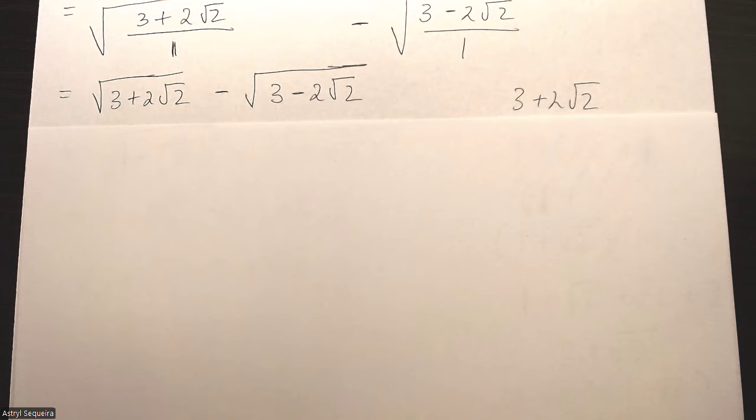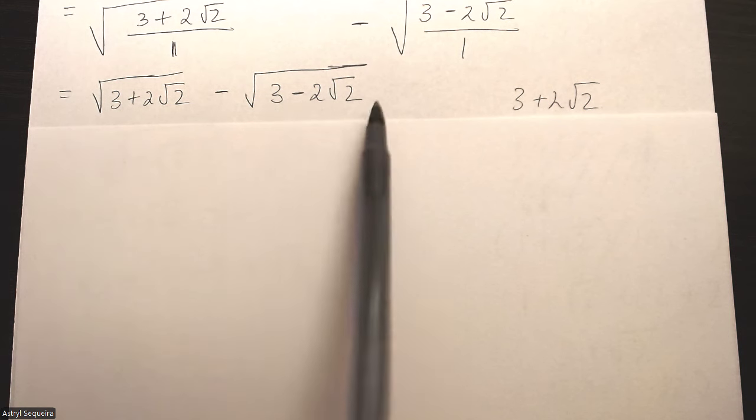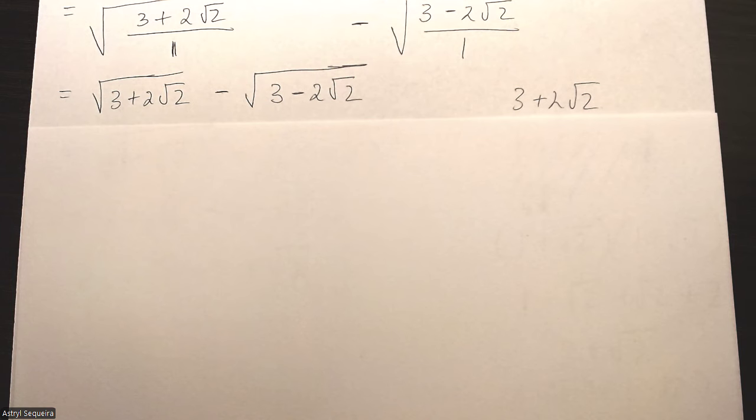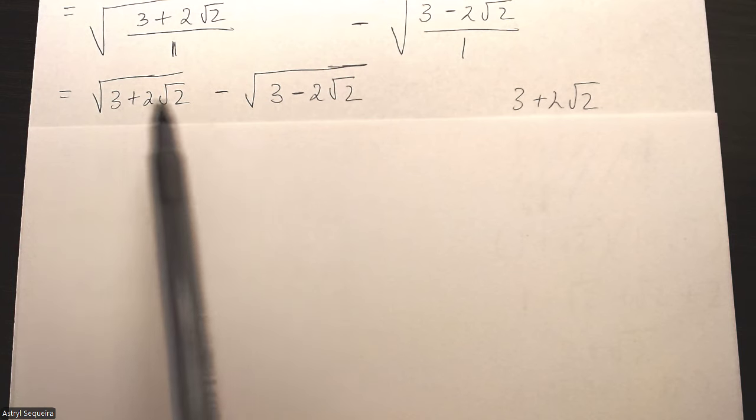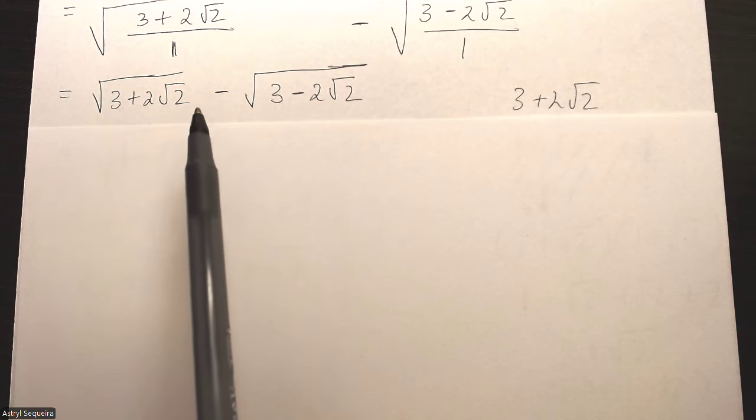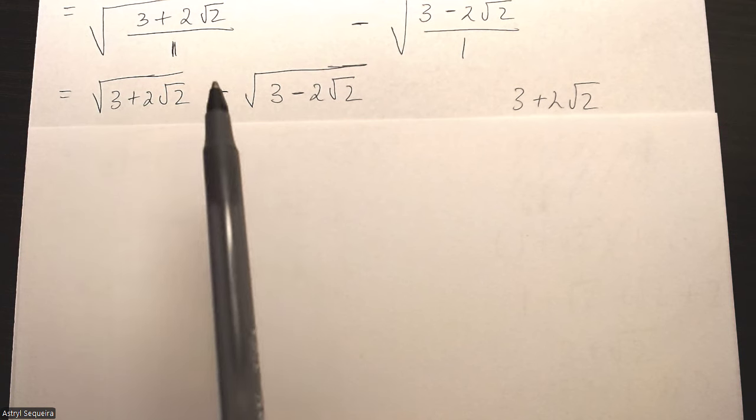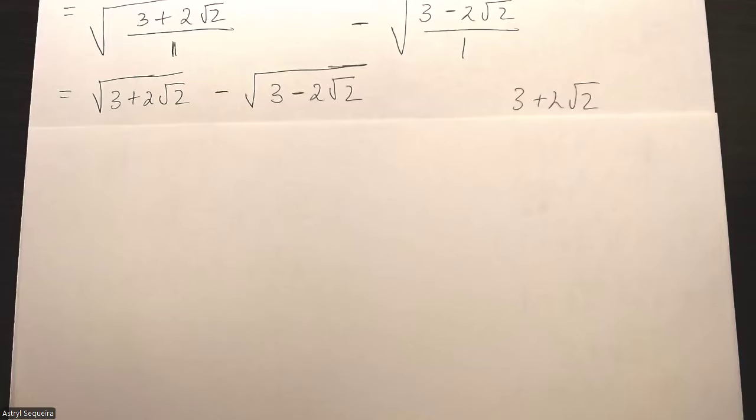Now we want to combine these two square roots over here, but there's no really simple way to do it. What we can do is factor and try to turn these into perfect squares. So I want to figure out a perfect square that can turn into this. I need a constant and a root term.